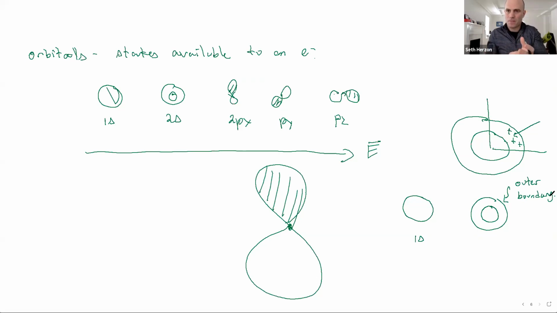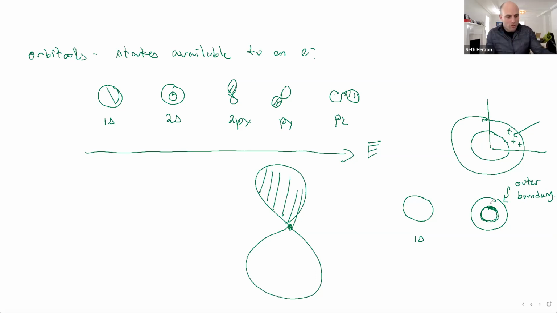Okay. But there's a rub, and the rub is this is the node. So there's this sphere inside the sphere where there's just no electron density. If you were to look at the wave function mathematically and ask what the probability is of finding an electron at that inner sphere, it would be 0.